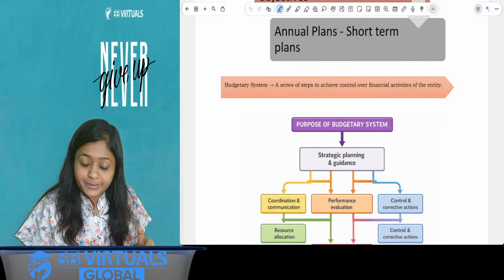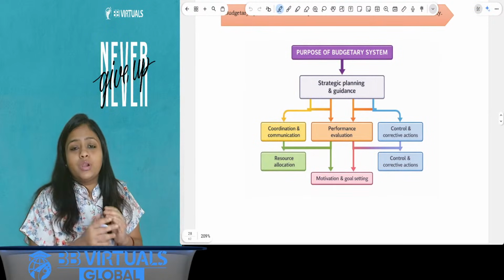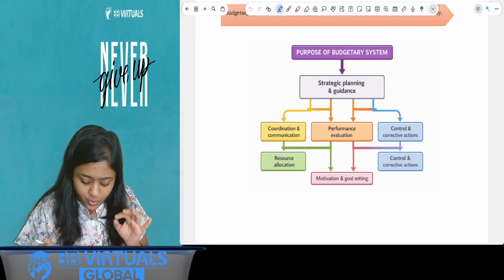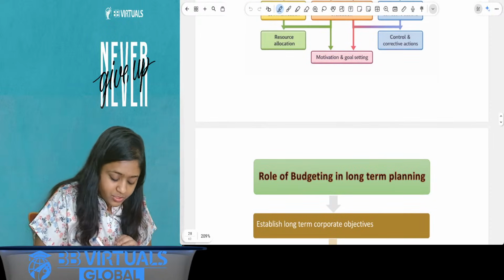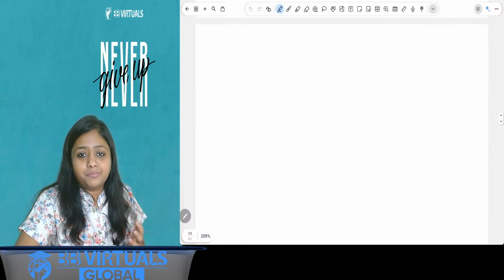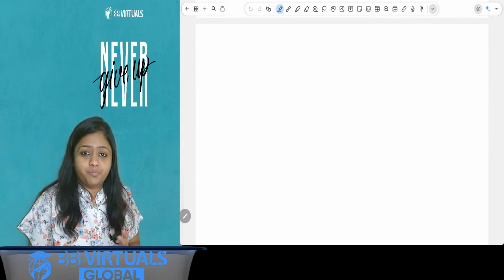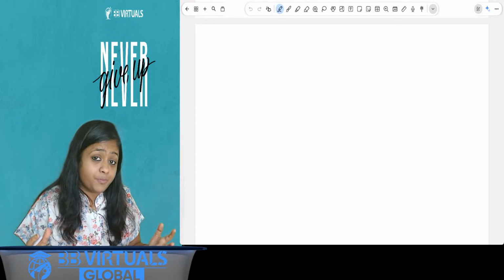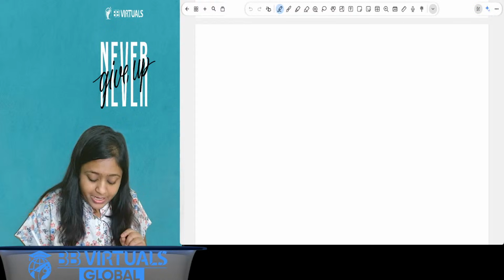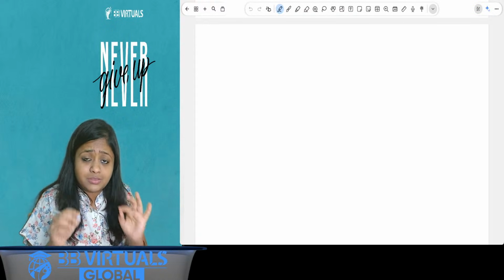Yes, absolutely. Now, what are the purposes of a budgetary system? Before that, let me just give you a briefer. I would want to cover it quickly here because many students ask me, ma'am, what are the different types of budgets? And there they always have a problem because the basics, yes, we need clarity on. So let's quickly understand the three major types of budget.